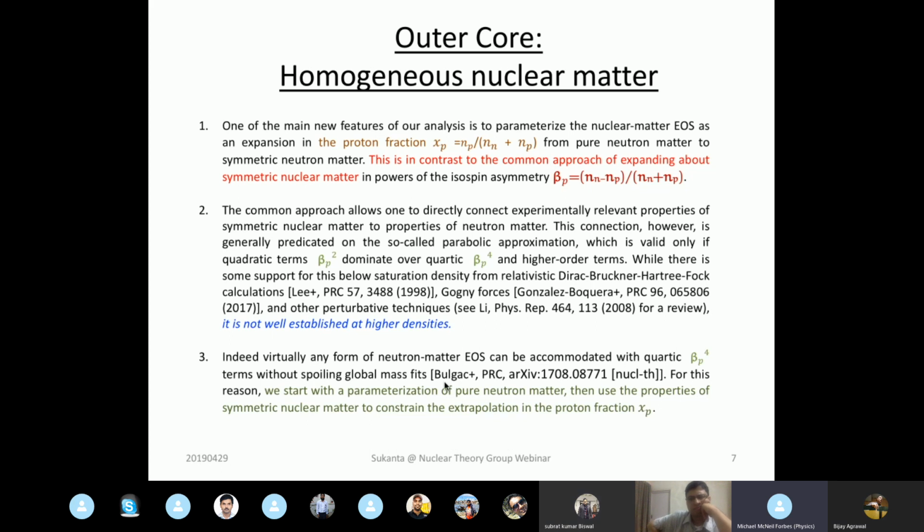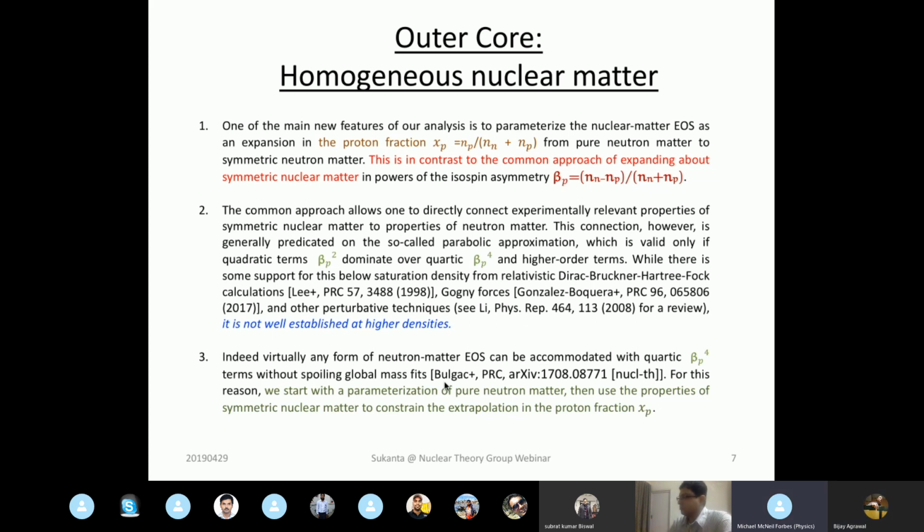We have a functional with 4 to 8 parameters that can fit all the masses and does a better job than most of the Skyrme functionals, unless you do corrections beyond, not self-consistent corrections. So within this functional, we can fit all the masses as you would with a Skyrme functional. And then you can add these extra quartic terms and they don't affect the mass fits. That's sort of what it's saying here.